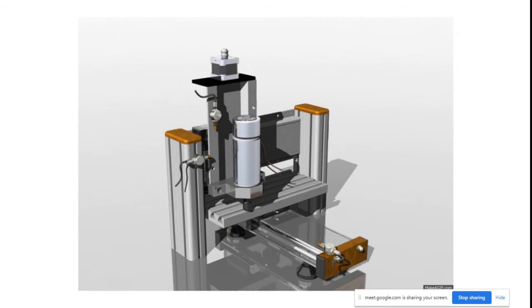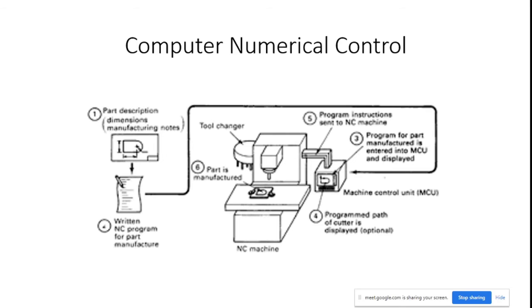Yes, we can discuss. What are the basic parts available in a computer numerical control machine? There are five or six different parts.